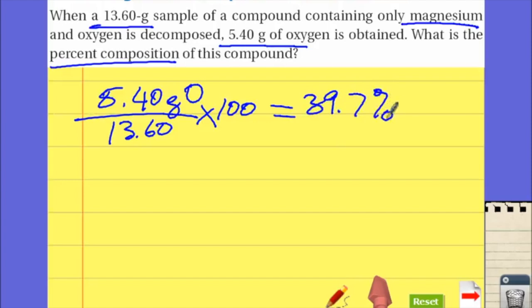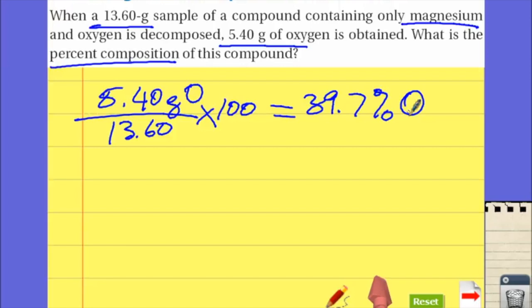39.7% oxygen. Because I'm lazy, the easiest way to do the other one, I would just do 100 minus that percentage, and that gives me the percent of the other one. So this is the shortest way. Or you could take the whole mass minus the other one, which gives you the mass of the magnesium, then take the mass of the magnesium, divide by the whole, times 100.